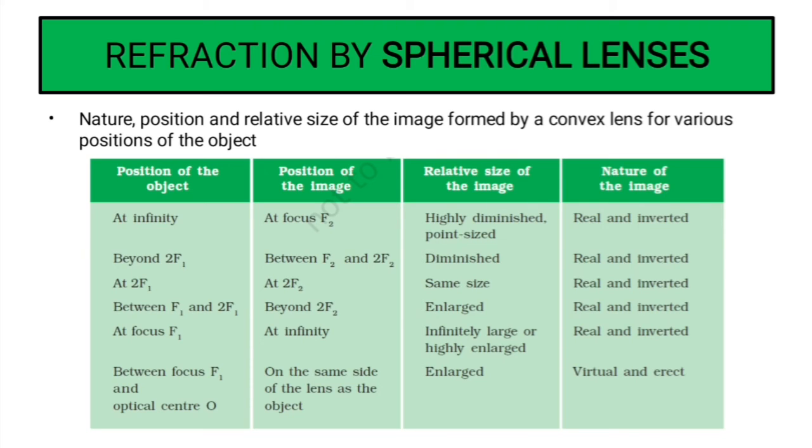Now it has shifted to the same side, and it has become enlarged, but it has also become virtual and erect. In all earlier cases it was inverted; here it becomes erect. Also, in earlier cases it was real. What do you mean by real? You can take it on the screen. But here the image is virtual, so you will not be able to take the image on the screen.